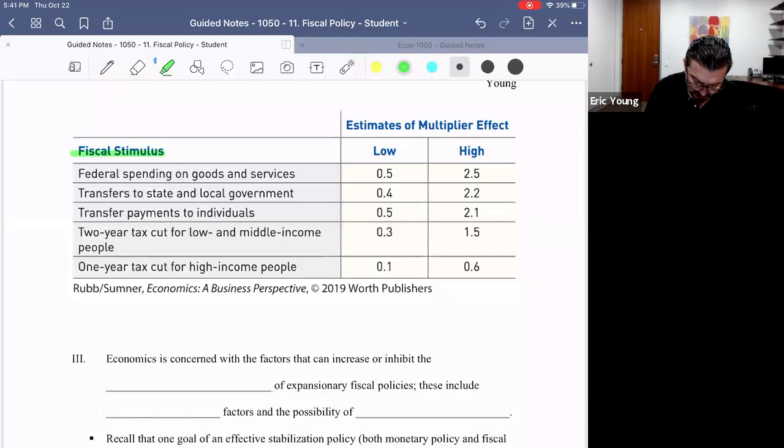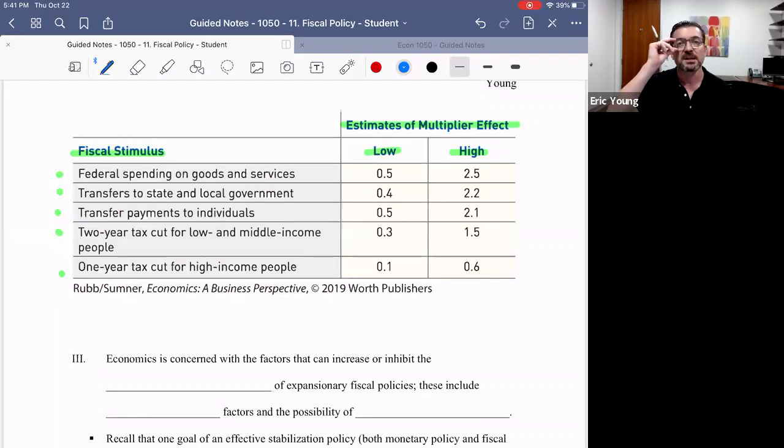So down this column here, we have the different kinds of fiscal stimulus. And then here we have estimates of the multiplier on the low end and the high end based on economic research. And you can see that for federal spending on goods and services versus transfers, you get the idea, there's going to be a bit of a range.